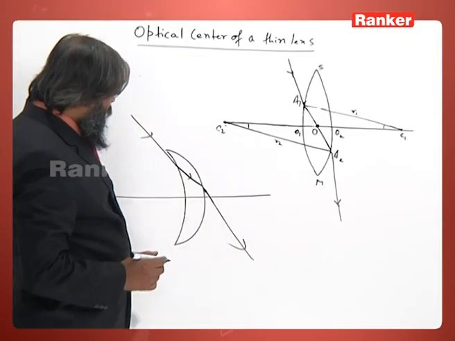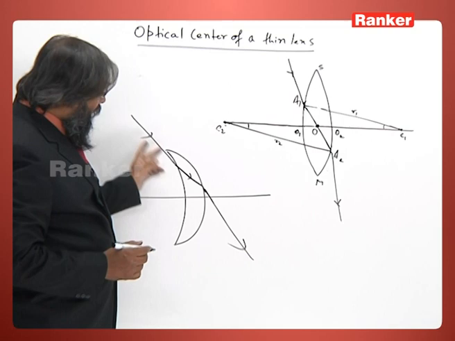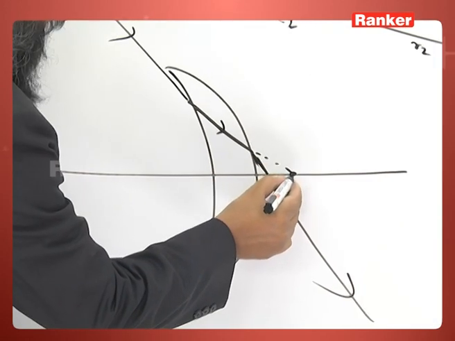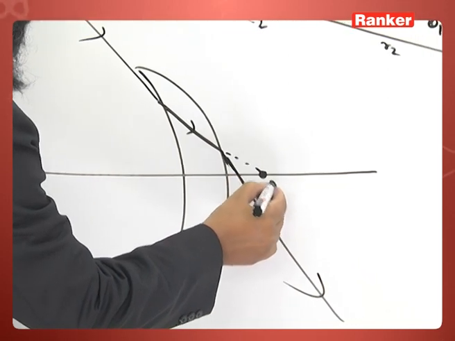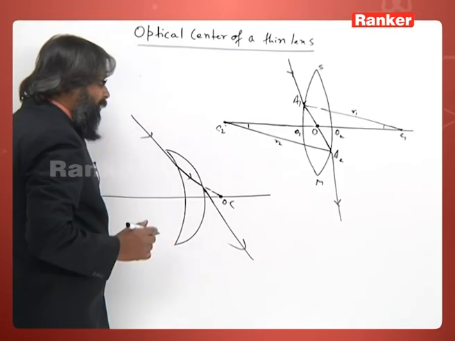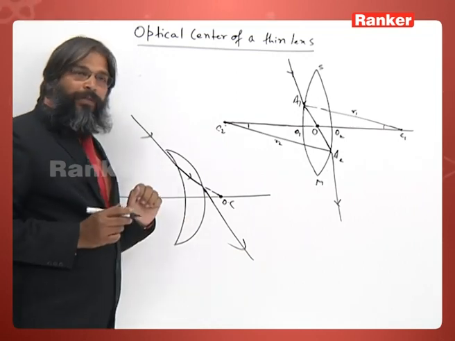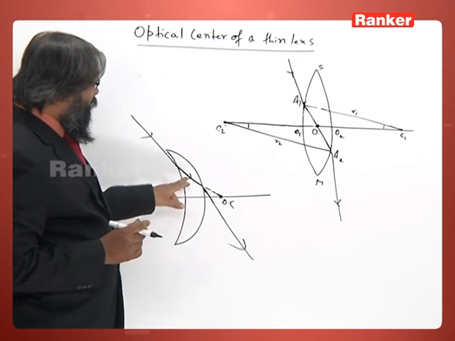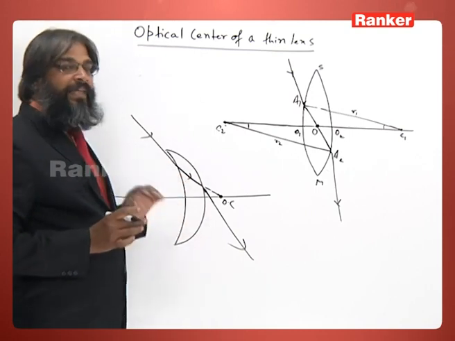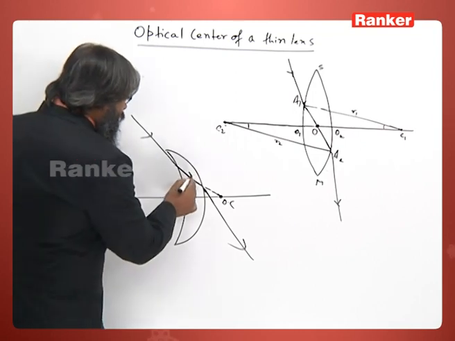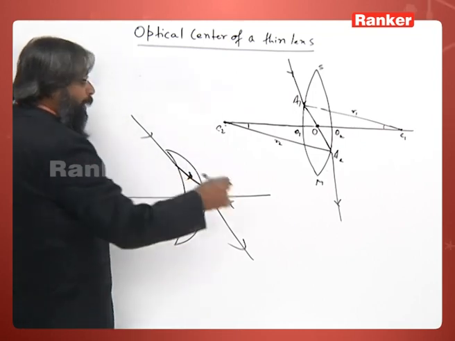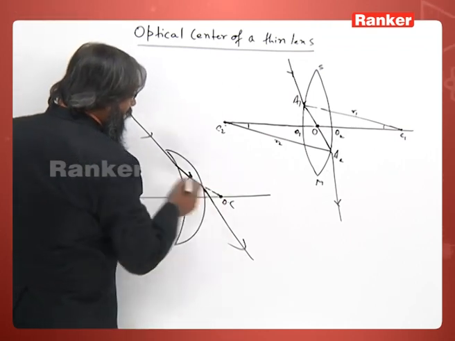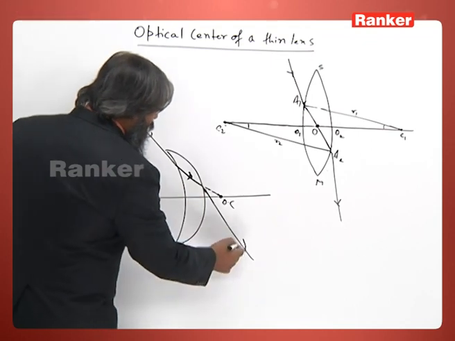So you see here, this time the ray does not deviate, but this time the optical center is outside. So in such types of lenses, the optical center may not be geometrically inside it, and the ray inside the lens may not physically pass through the optical center. It is virtually passing. It seems that it is aiming at the optical center, but actually it goes like this.